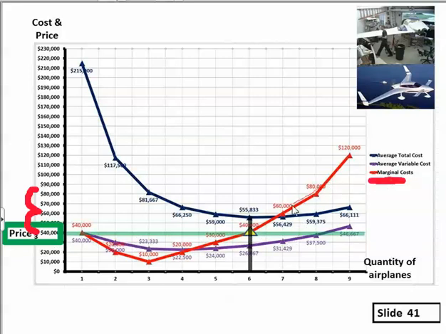So we go down the red column until we get to the point where the marginal cost equals whatever that price is. So that's going to be the number of units we're going to produce. But wait a minute, we're not covering all of our costs because we're well below our average total cost for that number of units. So we're losing money. We're not covering all of our costs.